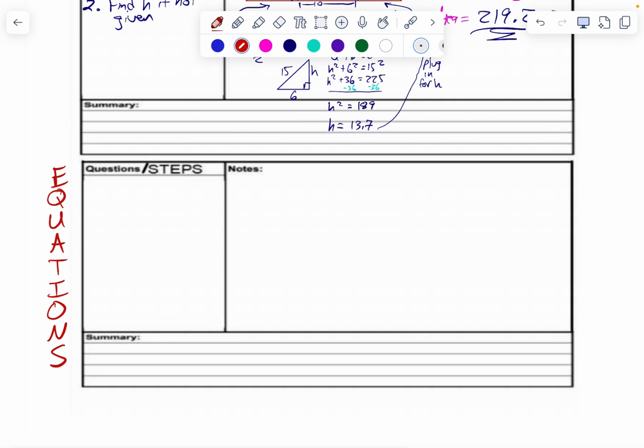Okay. So I wrote equations out to the side there just to remind you. So it's quick reference. What do you remember about writing equations? This is for lines, so they're linear. What do you remember about that from algebra? It's kind of a big focus in algebra.